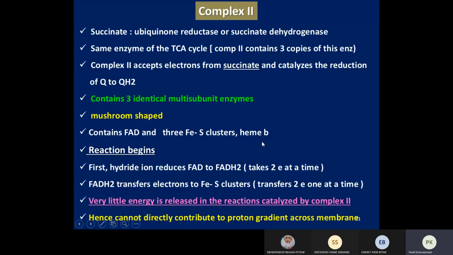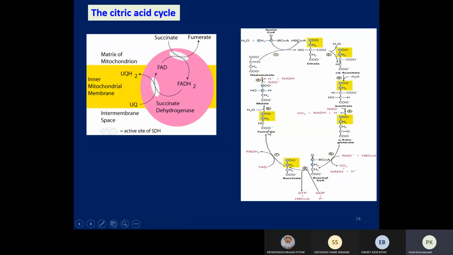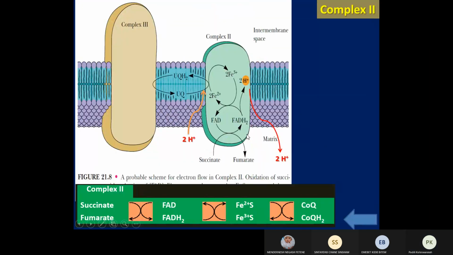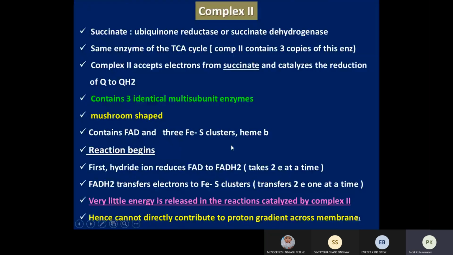And here, as I already said, first the FADH2 transfers these electrons to the iron sulfur clusters.